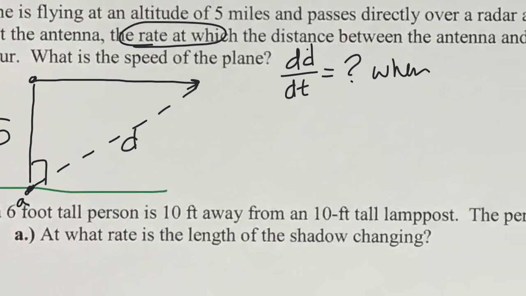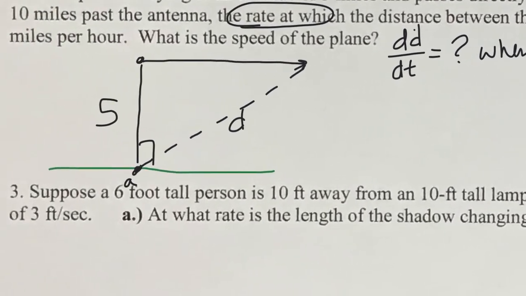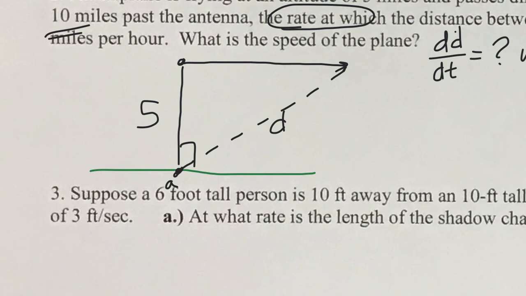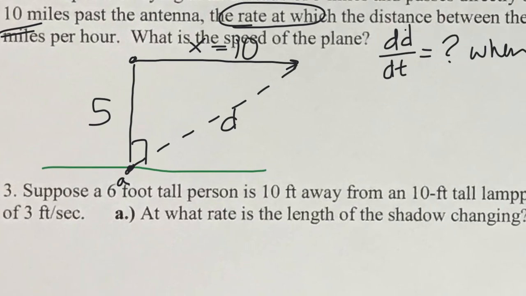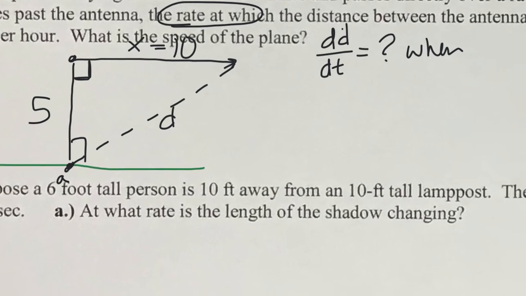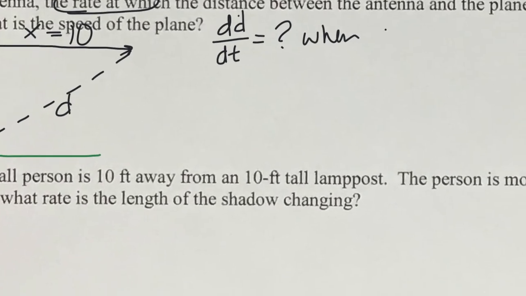When the plane is 10 miles past the antenna. When x is 10. And I'm calling that x because that is a horizontal distance traveled. So x is your horizontal axis and y is your vertical axis. And we're going to assume that this is 90 degrees here between the vertical and the horizontal. So we want the distance changing when x equals 10.